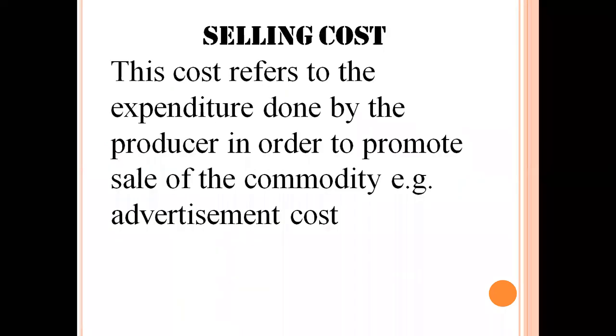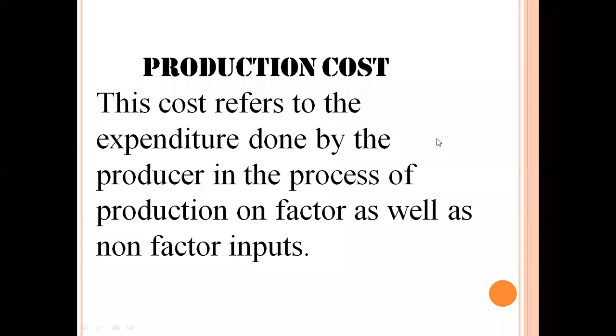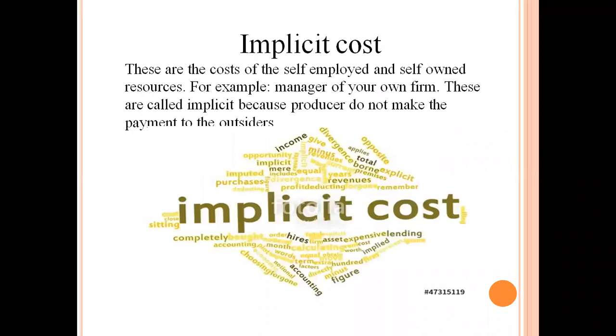That you can see on these pictures on the screen, these are the selling cost, like advertising on the wall in the form of hoardings, advertising with different media available for making your product more competitive, more promoted so that the sale increases. That cost is the selling cost. And then we have production cost. As I just told you, the total amount which is incurred on the production is the production cost.